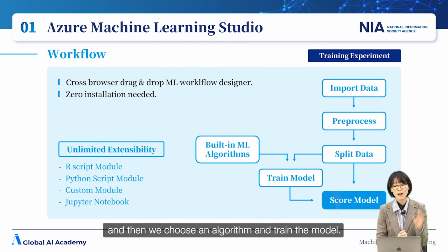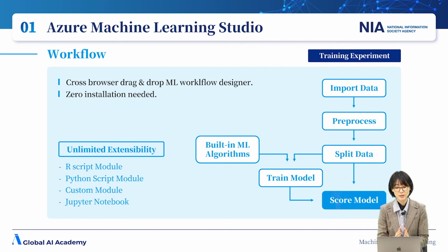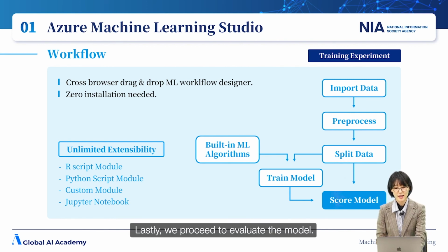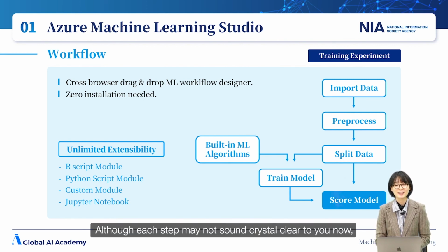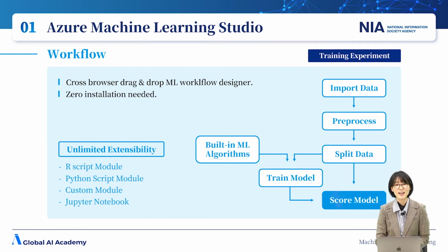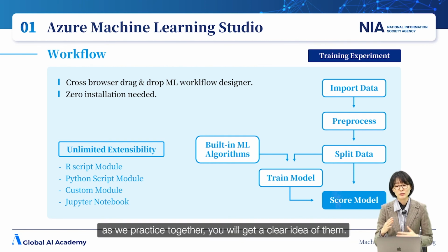And then we choose an algorithm and train the model. Lastly, we proceed to evaluate the model, although each step may not sound crystal clear to you now. As we practice together, you will get a clear idea of them.